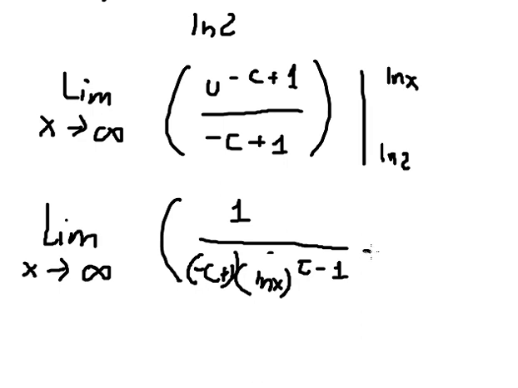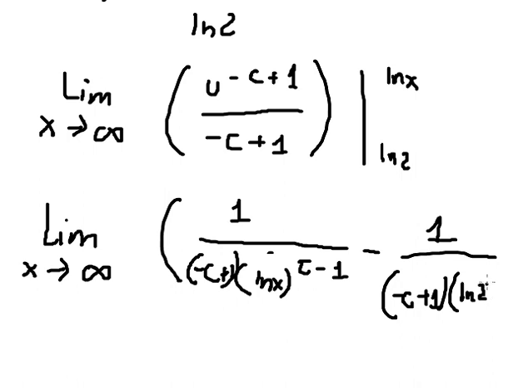Then we have 1 over negative c plus 1 times f(2) to the power of c minus 1.